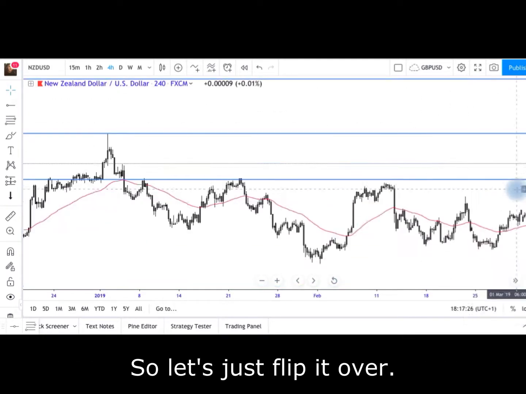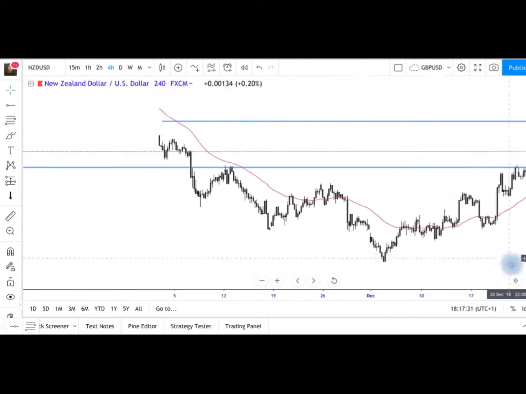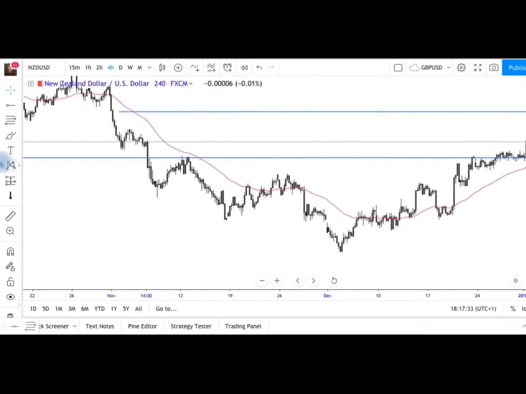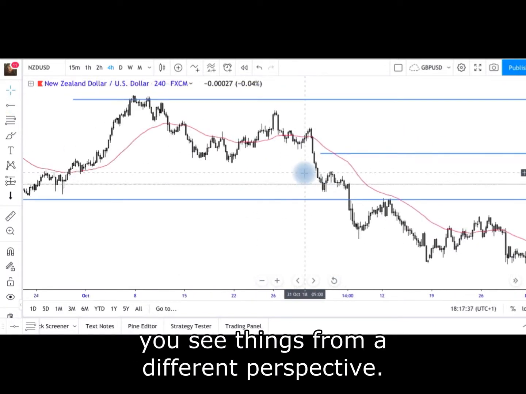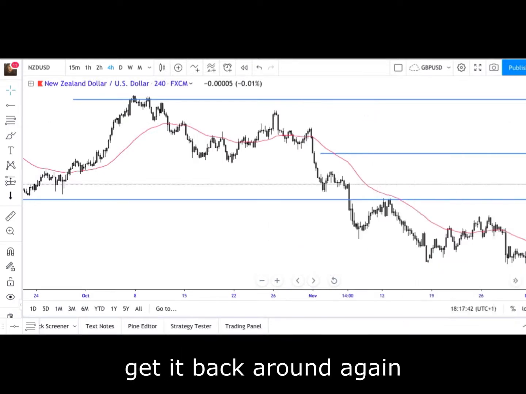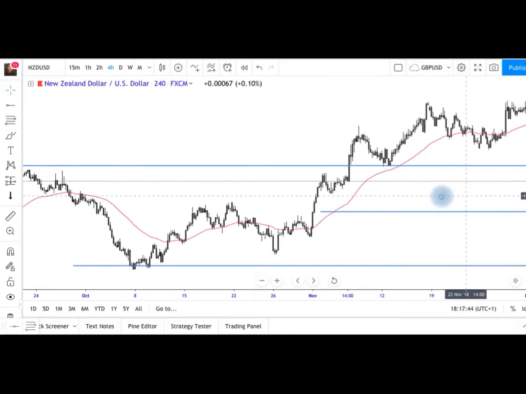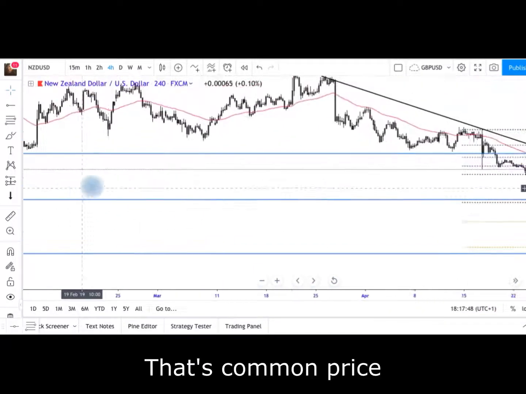So let's just flip it over. You can definitely see different opportunities when you flip the scale over. You see things from a different perspective. So let's flip this one round, get it back around again. Okay, cool. Back to current price.